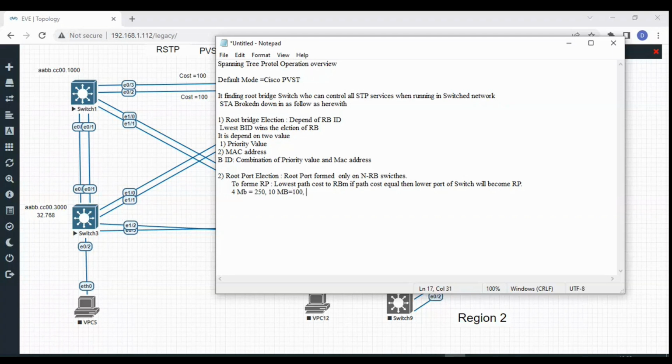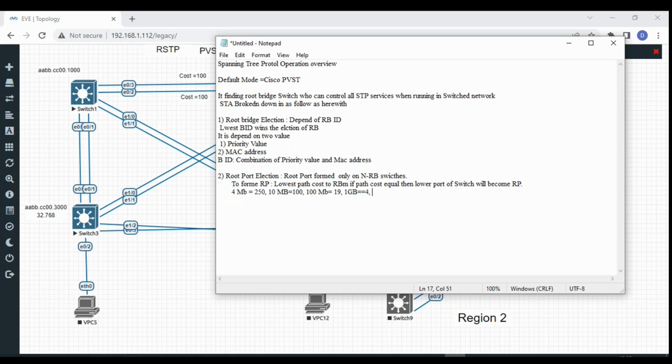So this is the default predefined path cost of all the links given by Cisco, and it is recommended also. If it is 100 Mbps, then the path cost value will be 19. If it is a 1 Gbps physical port, the path cost will be 4.